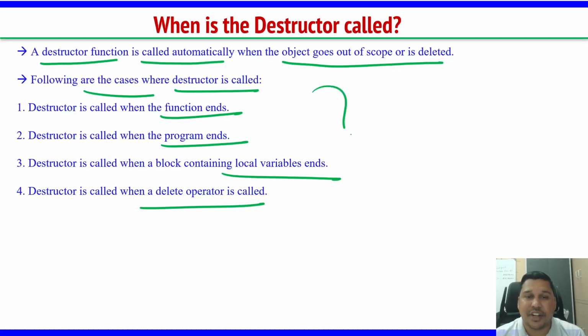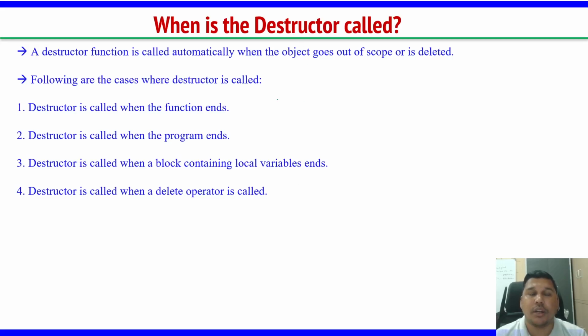So these are different situations, but again it does not much impact our programming, because if you create a variable, print those values and then delete them, you cannot see any difference there, right? When a function ends, it means that in that function you might have used a constructor; when that ends, the destructor will be called.